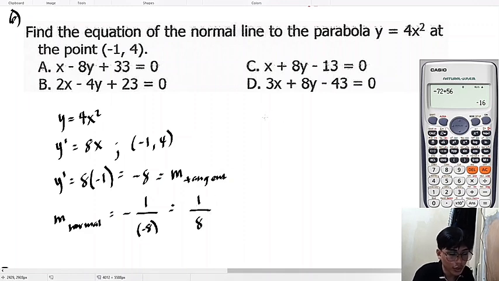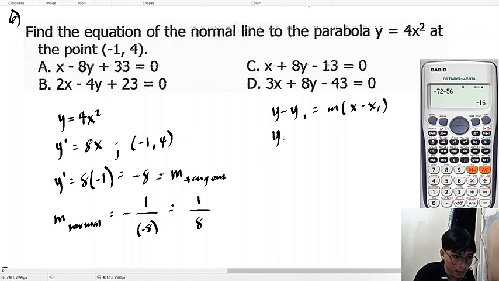So using the point slope formula, y minus y1 equals m times x minus x sub 1. So y minus, y sub 1 here is 4. And then the slope, or the normal slope, is 1 over 8. X minus x sub 1, which becomes positive because we have negative 1 here. So plus 1.